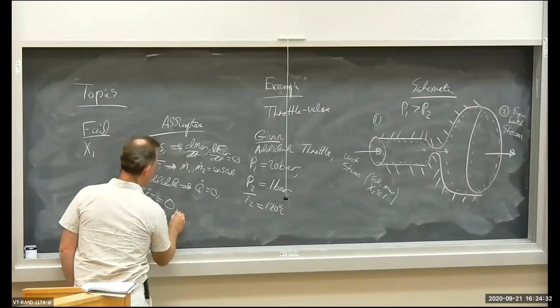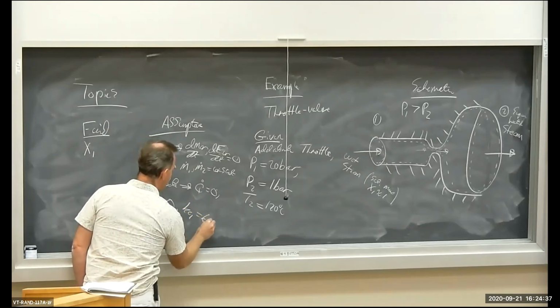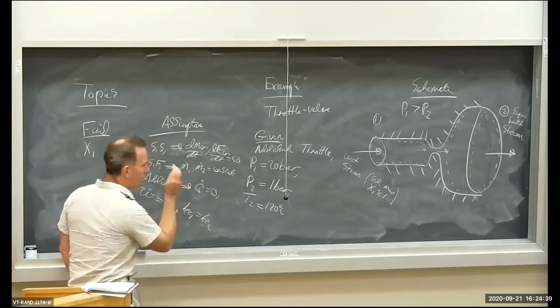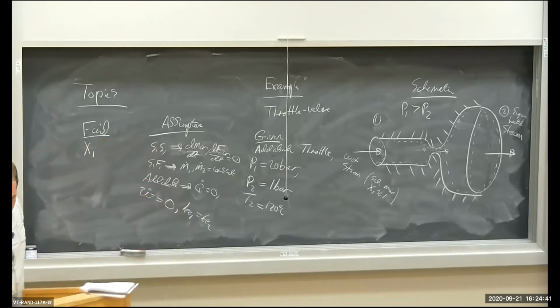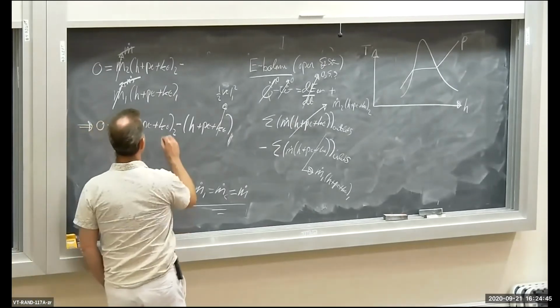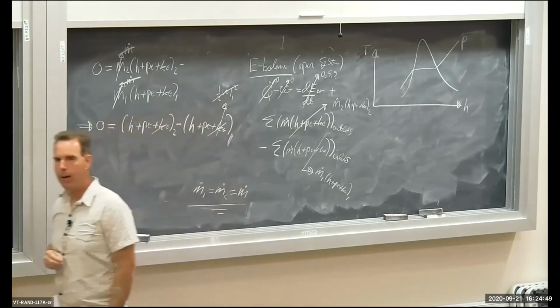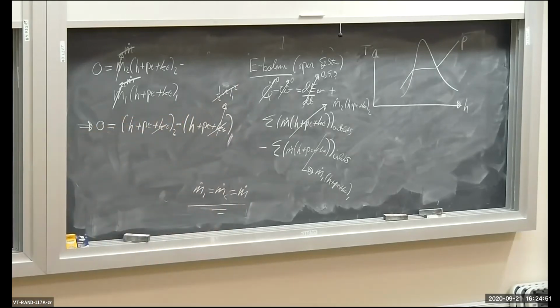So I'm going to assume KE1 equal to KE2. I'm going to assume they're the same and let them cancel out in the energy balance, okay? I'm going to assume that we can neglect the contribution of the kinetic energy term, okay?